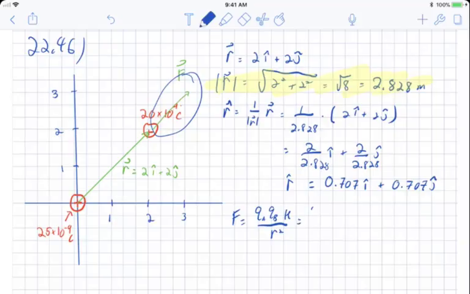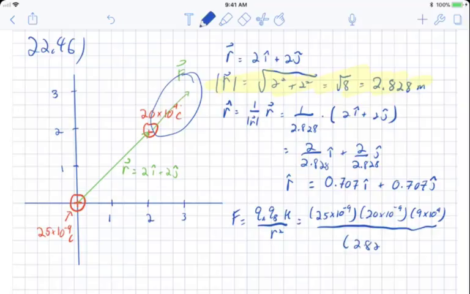So that's 25 times 10 to the minus 9 times 20 times 10 to the minus 9 times 9 times 10 to the 9, all divided by the distance between them squared, 2.828 all squared.